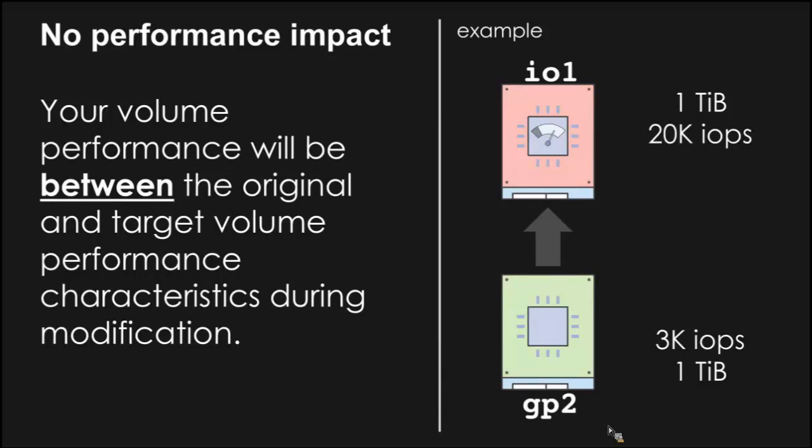It looks like this. Your volume performance will be between the original volume performance characteristics and the target volume performance characteristics. In this example, we have a 1 terabyte GP2 volume, and we want to modify it to a 1 terabyte io1 volume.